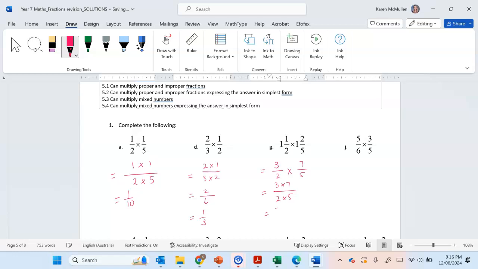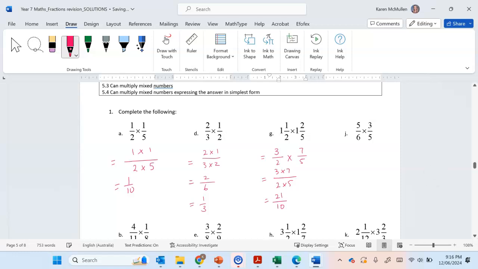So 3 times 7 is 21, 2 times 5 is 10. Now we should write our final answer as a mixed number. 10 goes into 21 twice with 1 remainder, so 2 1/10. So you do need to convert them to an improper fraction first.